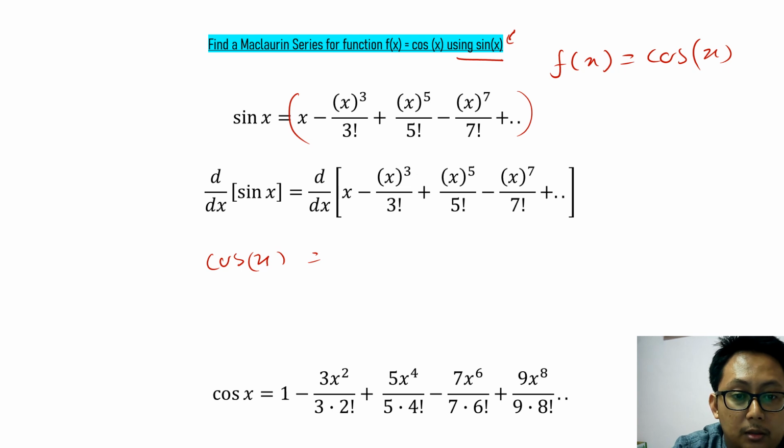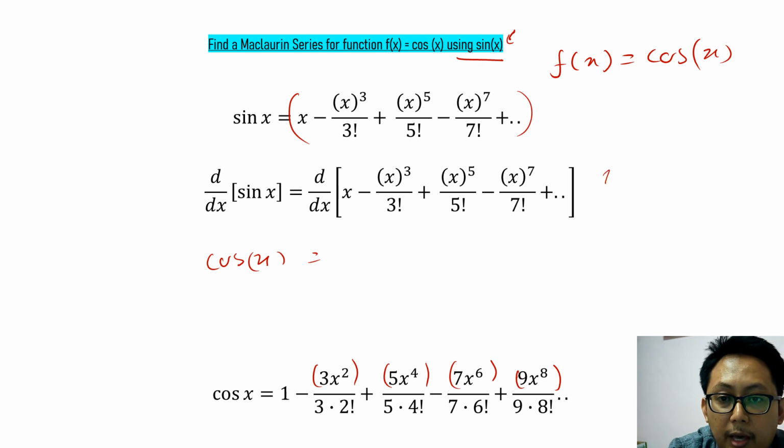3x power of 2, 5x power of 4, 7x power of 6, and then you have another 9x power of 8. This one is for the x power of 9 over 9 factorial. And then I just split, since 3 factorial is equal to 3 times 2 times 1, or 3 times 2 factorial.